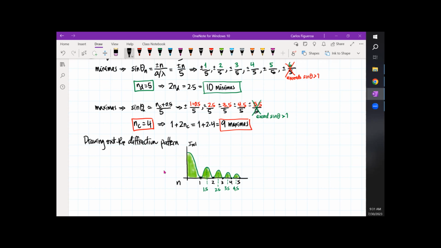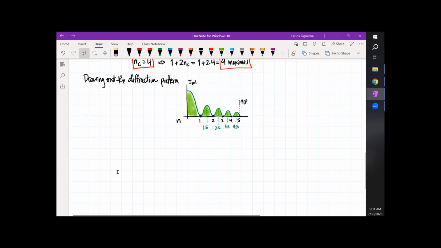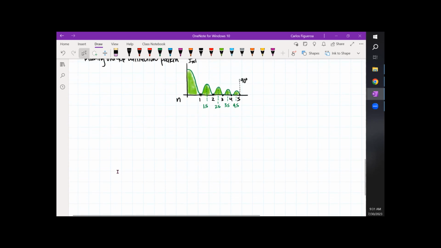This location right here is at 90 degrees. So that's the way we did it for interference. But now I want to show you a slightly different way, which uses all the same things, but it's more powerful, as you'll see.